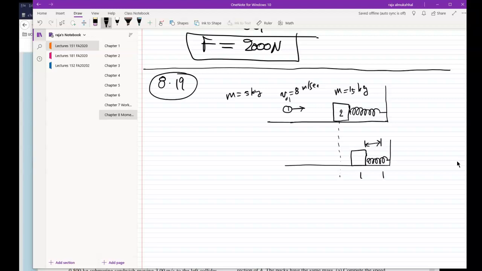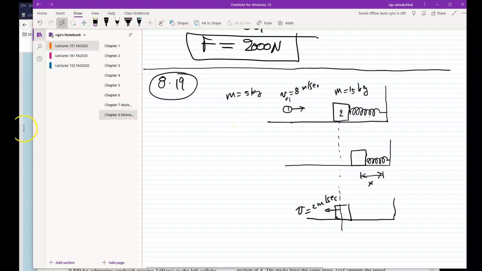Maybe I should put it here. Sorry, I'll put it here. And then later on, the stone is moving with another velocity, a speed of 2 meters per second. That's what he said.